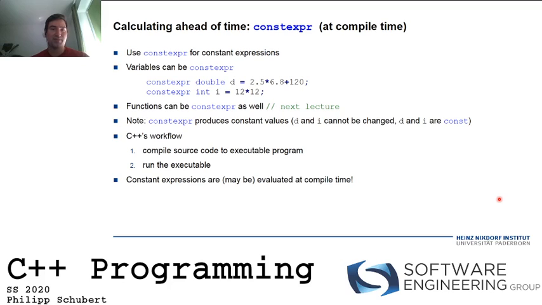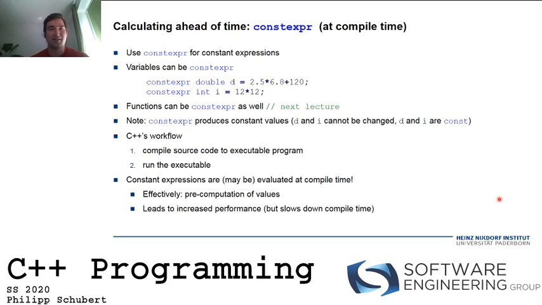Okay, so constant expressions may be evaluated at compile time. So the compiler is, as it is oftentimes, free to ignore your constexpr qualified variables. But usually it will do it if the compiler can do it. It leads to increased performance, obviously, but it slows down the compile time.